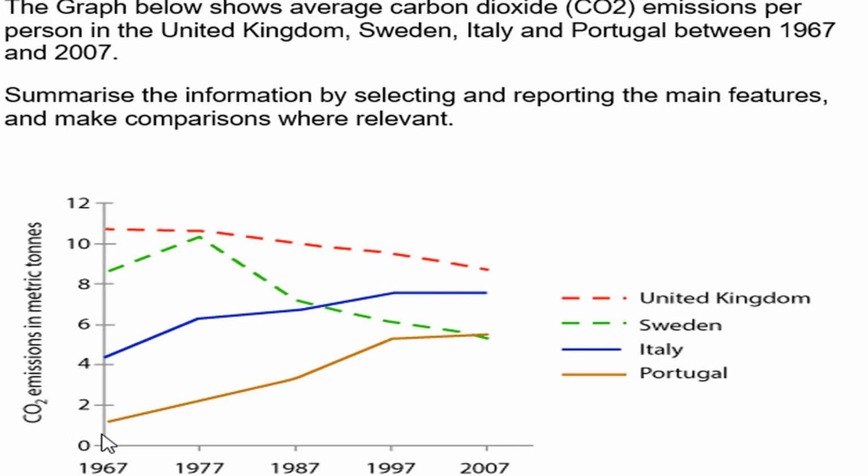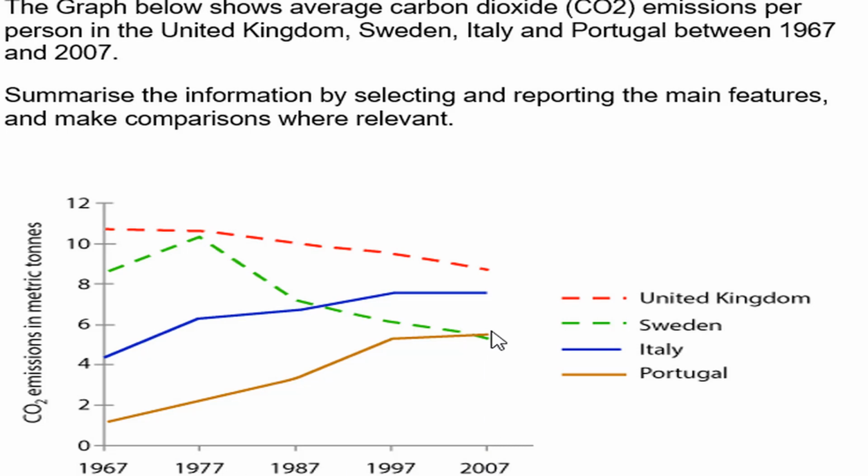Let's look at the unit. The unit being used is CO2 emissions in metric tons. And on our x-axis, we have the dates, 1967 to 2010. So every point represents a decade.